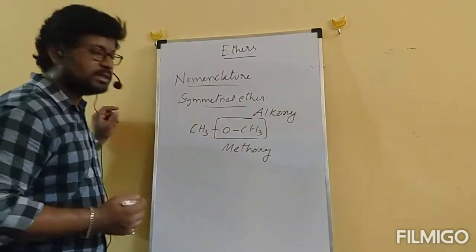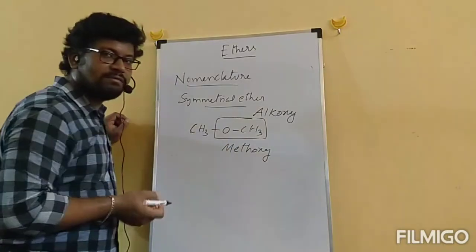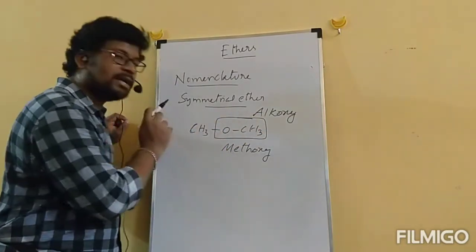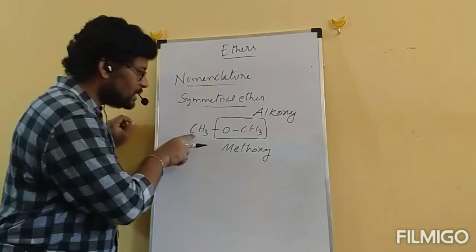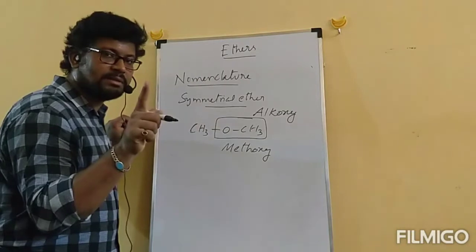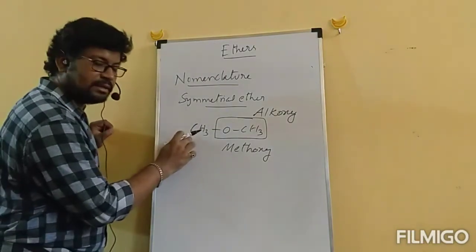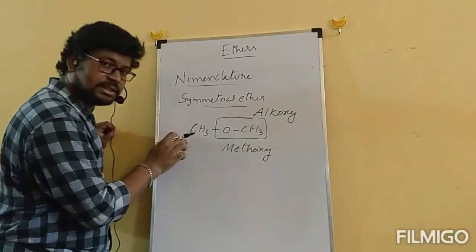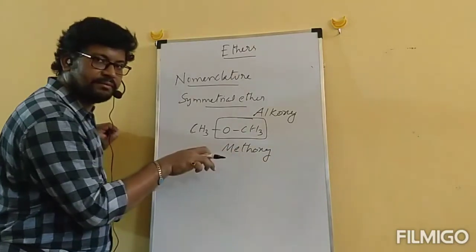This is called methoxy. After giving the name of this combination of oxygen and alkyl group, that is alkoxy, the remaining carbon chain contains how many carbons? Here the remaining carbon chain has one carbon. Remaining carbon chain with one carbon is called methane. Here no double bonds are present, all are single bonds. So this is methane with substituent methoxy.